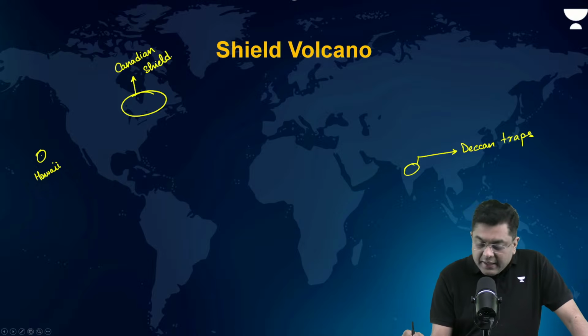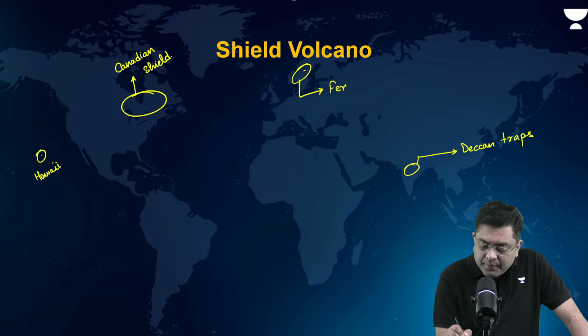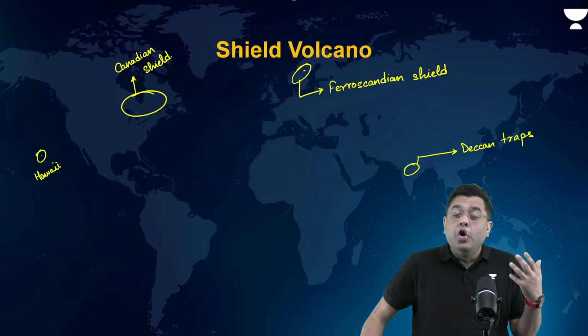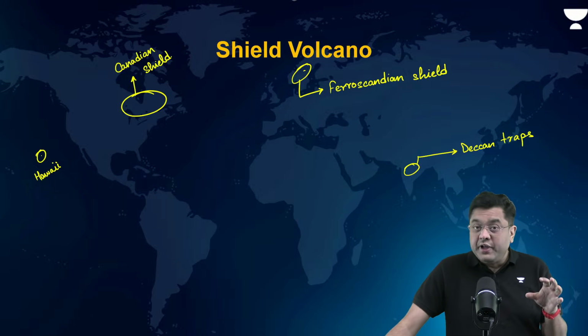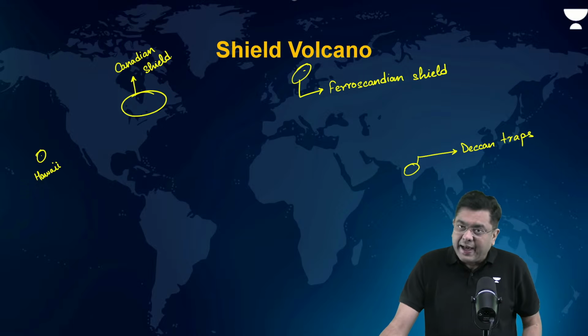Then you have an older area here. This is known as the Fenno-Scandian shield, which basically had led to the formation of the present day Norway, Sweden, Finland, those areas. Eventually, more eruptions happened, and then you had the mountains. But initially, a shield eruption did happen.